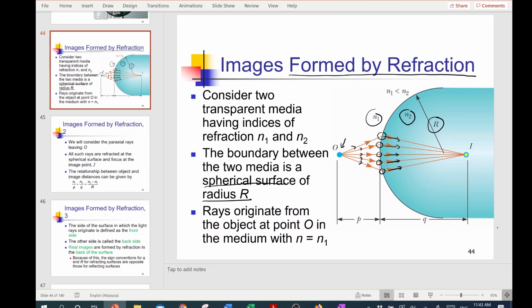At a certain point, these rays will combine, or focus at this point I, which is the image point. Therefore we can identify the position of the object, which is distance p, while the image has the distance given by q.